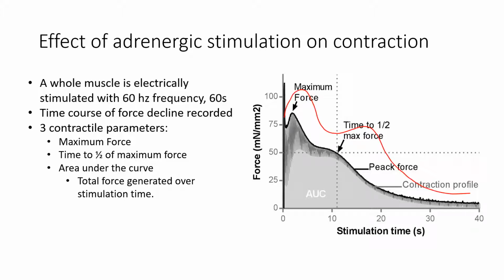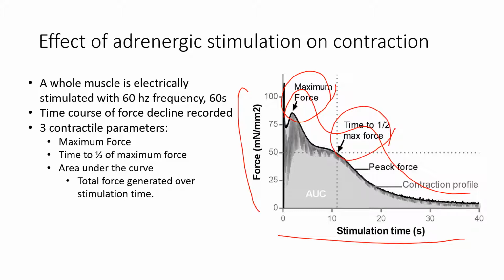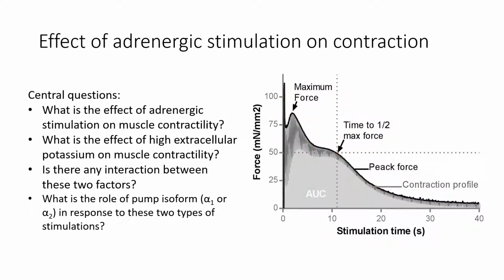This is force and this is time. So three contractile parameters were calculated based on this recording: maximum force, the time to half maximum force, and the total area under the curve, which represents the total force generated over stimulation time.